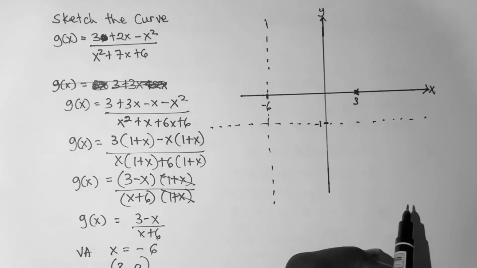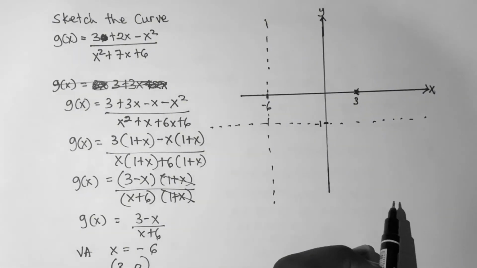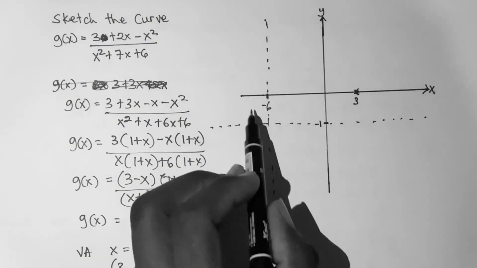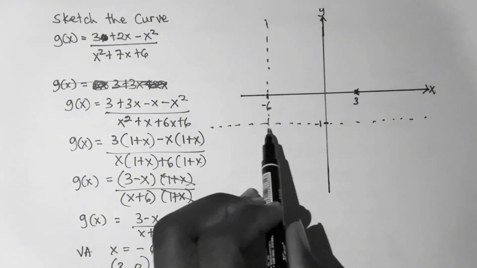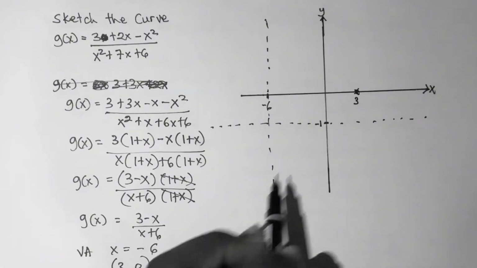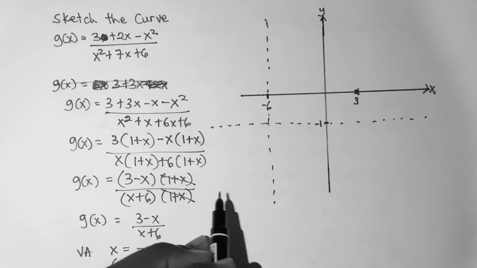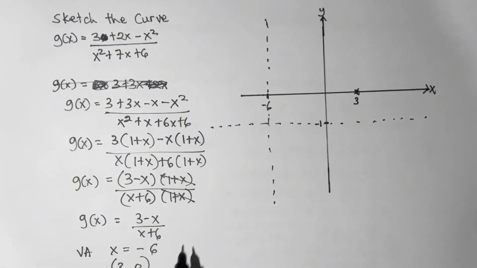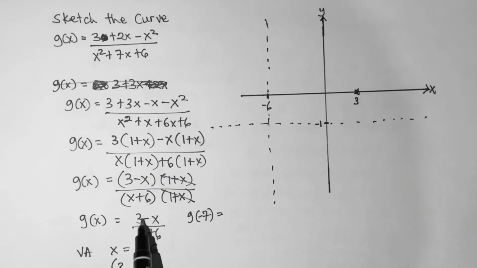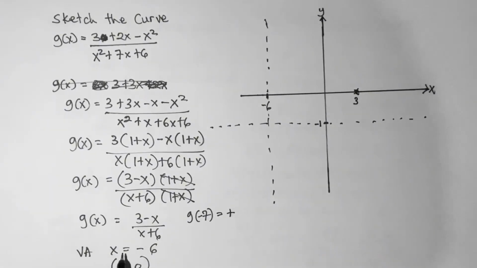Now, let's look at the nature of the curve in the various regions. So let's check in this region what will be the nature of the curve. So we need to find values as x approaches minus infinity. So let's find g of minus 7. If you put minus 7 here, 3 minus minus 7 will give us a positive number.